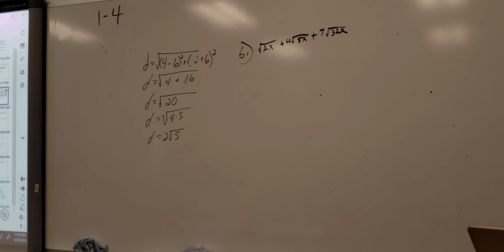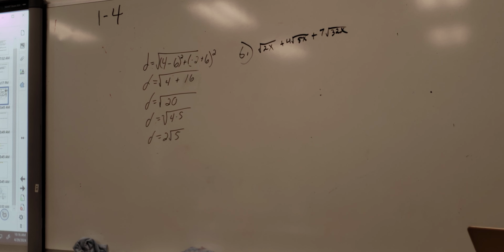She's bringing this 4 out as a 2. And over here, she's bringing a 4 out. That's the work I would show. Look, this is all I would do. Now, 2 times 4 is 8 radical 2x. This is 1 radical 2x.